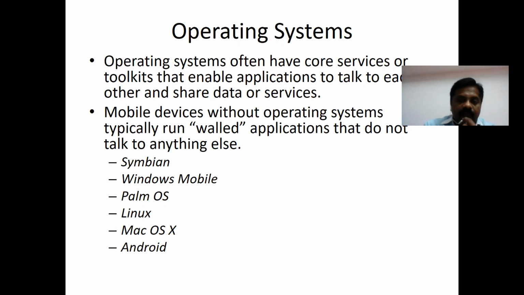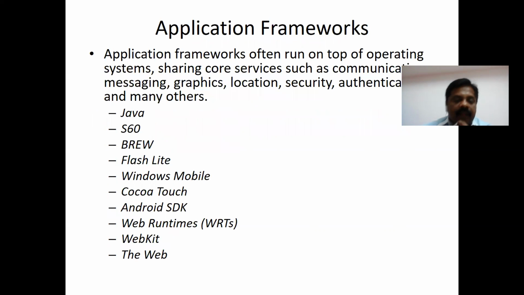Symbian is the oldest operating system; we used it in keypad mobiles. And Windows Mobile, Palm OS, Linux, Mac OS, and Android nowadays. Everyone is using the Android operating system the most.